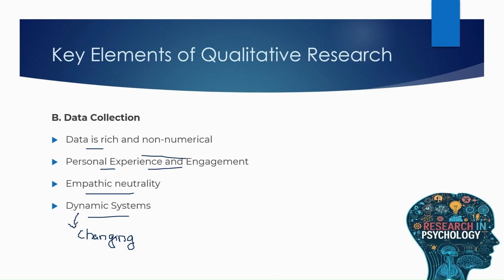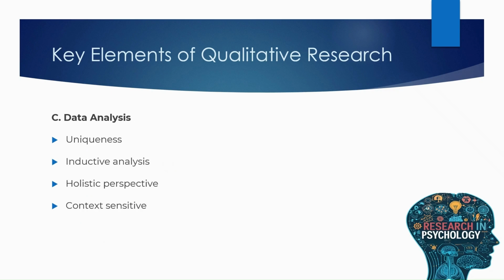All right. Finally, we have data analysis. This is the third element of qualitative research. Under data analysis, the first key point is uniqueness. Uniqueness means each case that is selected is treated as something special and unique.